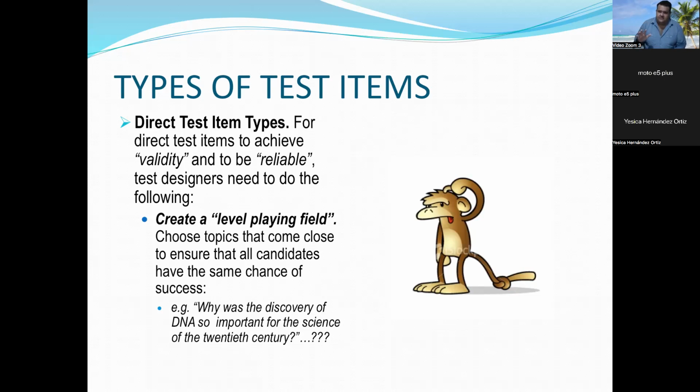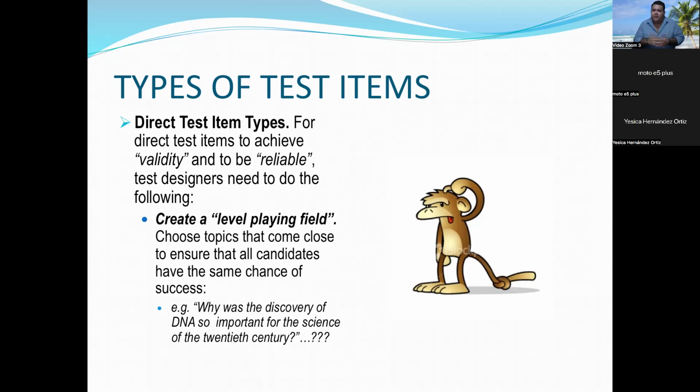In other words, in order for a direct question, en otros libros se llaman open questions, in order for an open or direct question to be effective, everybody must know the context.